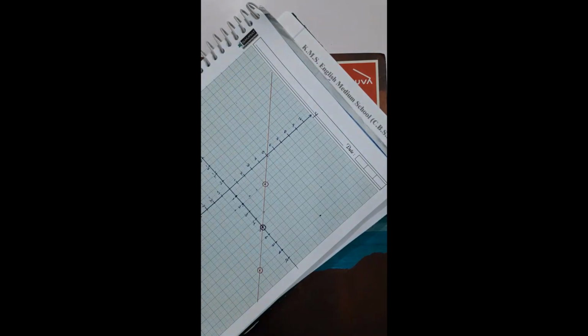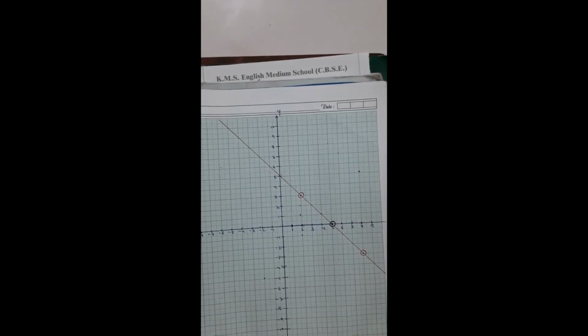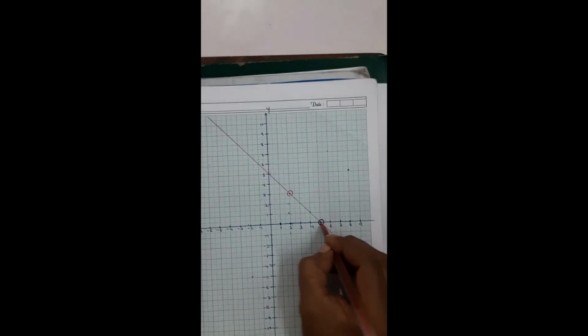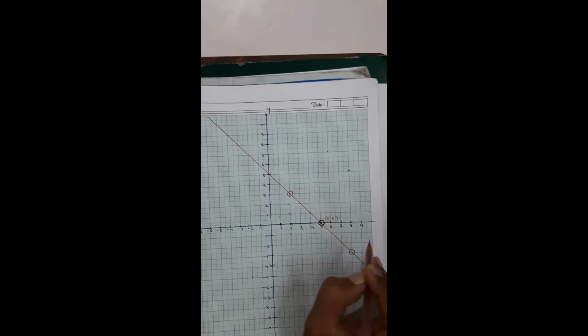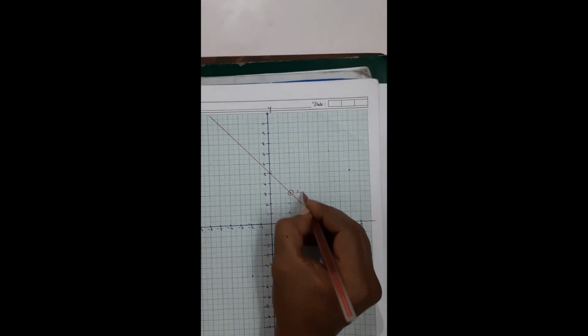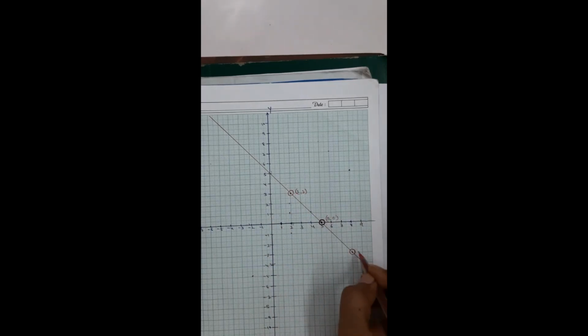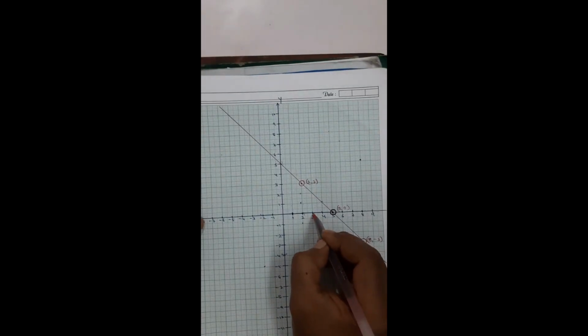But now if you see the other 3 points, they will come on the same line anyhow. 5 comma 0, this is again 5 comma 0, the same. This was 2 comma 3. This was 8 comma minus 3. And now the next one is 3 comma 2, meaning 3 over here and 2 over here.